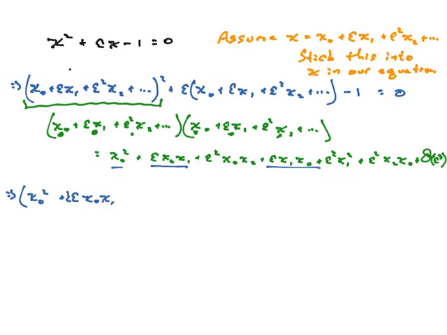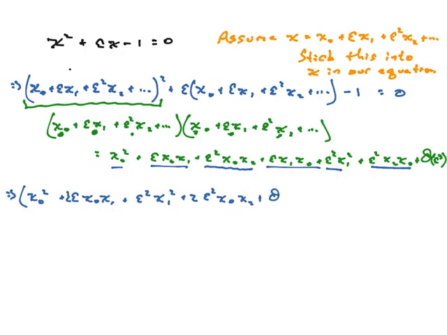All right, what about epsilon squareds? Well, I've got an epsilon squared x naught x2, epsilon squared x naught x2, and an epsilon squared x1 squared. Okay, so epsilon squared x1 squared plus twice epsilon squared x naught x2.